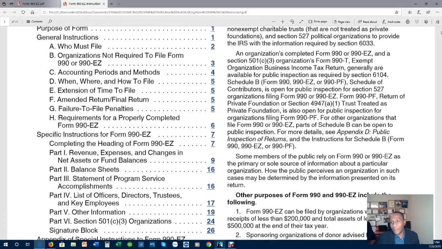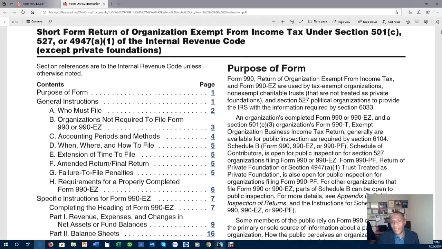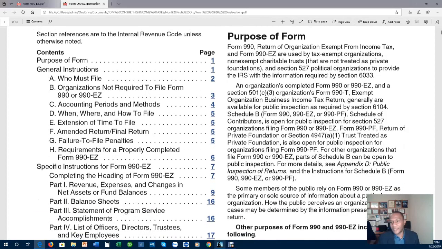Now, Form 990 EZ has its purpose, which you can hear about in the other videos. However, these are some of the most important purposes of the form.